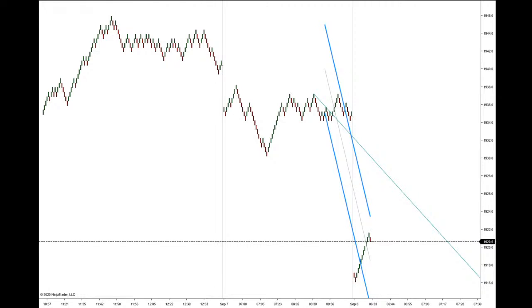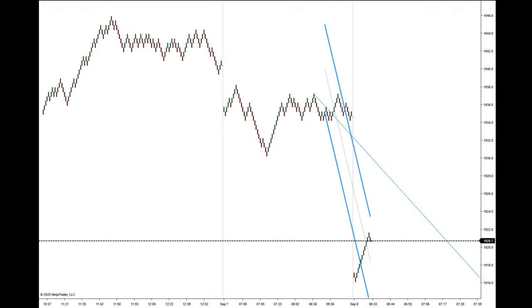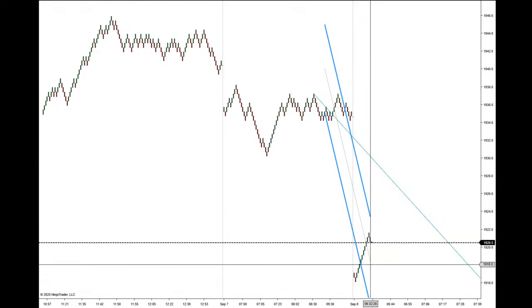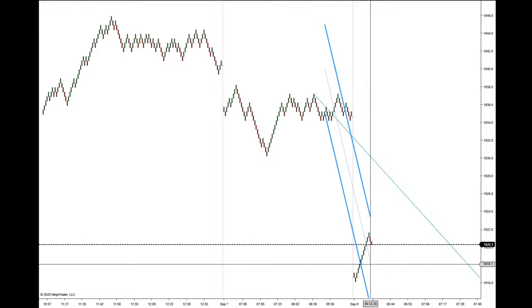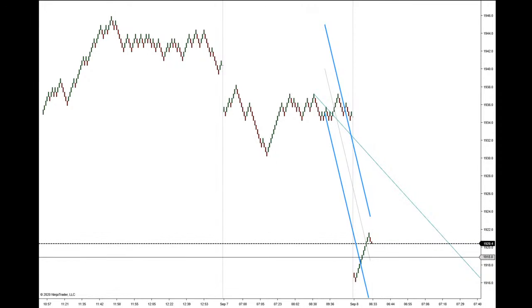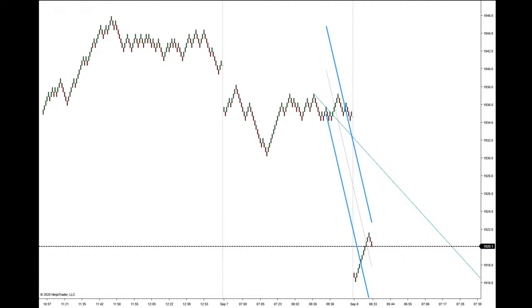Maybe I'll try to do an ABC here. If it does an ABC, trying to close the gap, it will go all the way down to 18.8.